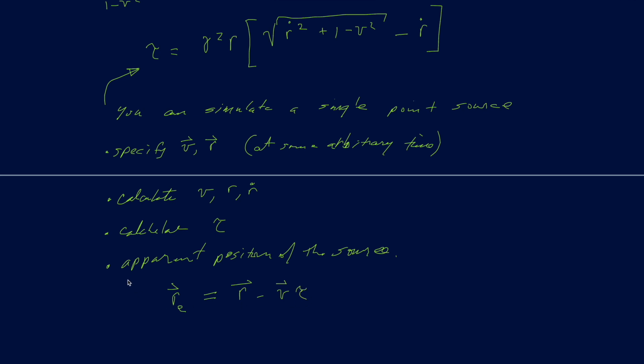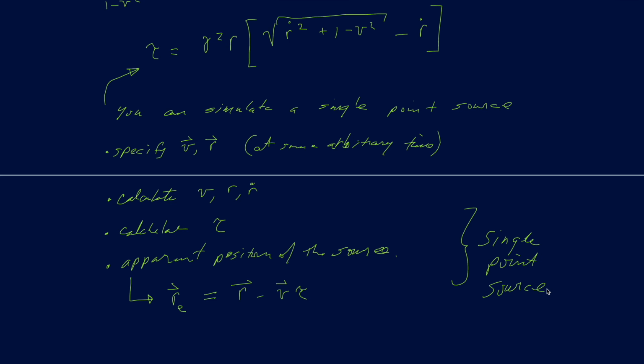That's the equation for the apparent position. So with these two equations, you have everything you need to handle a single point source of light. Okay? But as we've said, that's not a very interesting case.